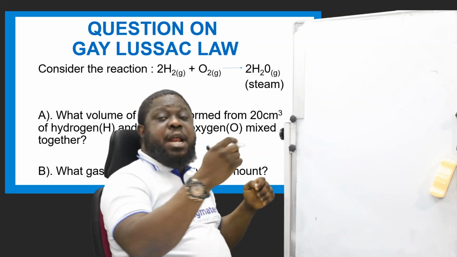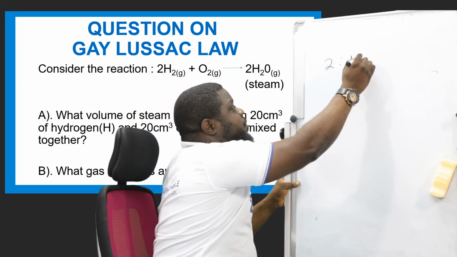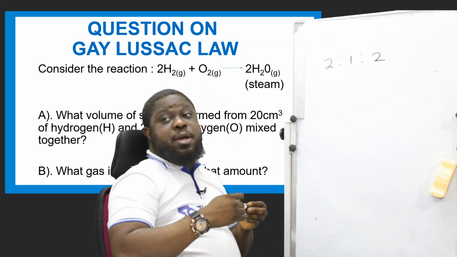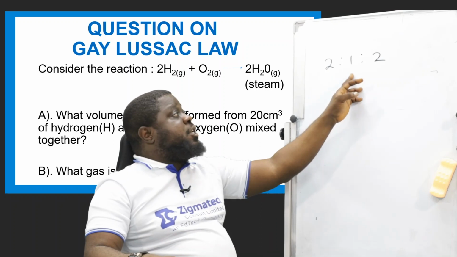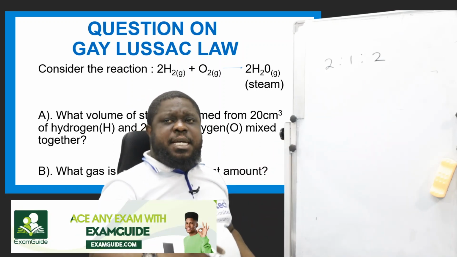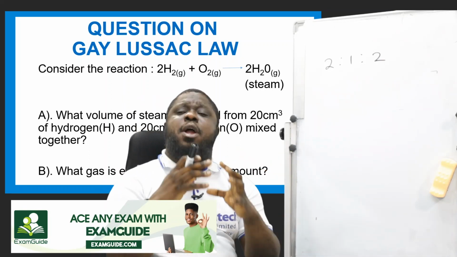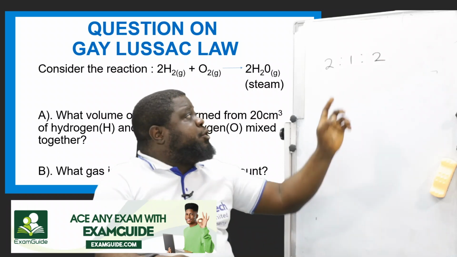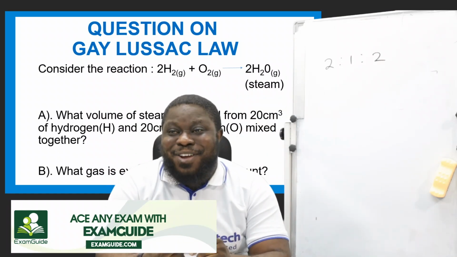So the number of the molecule, the hydrogen there is 2:1:2. If you check it very well, you see there. 2:1:2. The hydrogen is 2, oxygen is 1, and water is 2. Now, this is the ratio 2:1:2. Okay. Now, how do we get a normal ratio now?